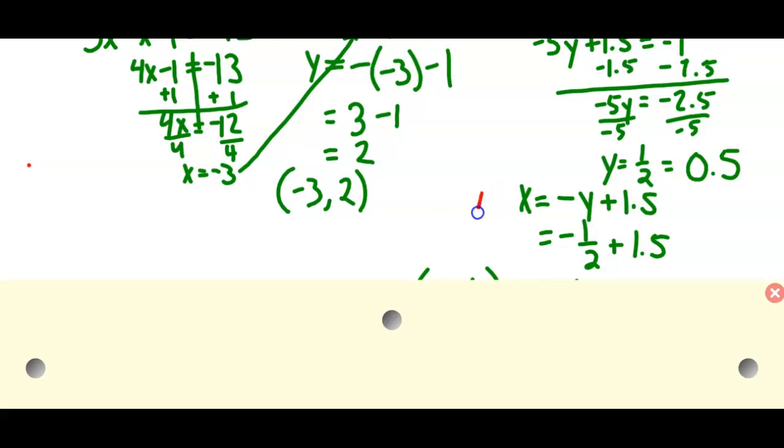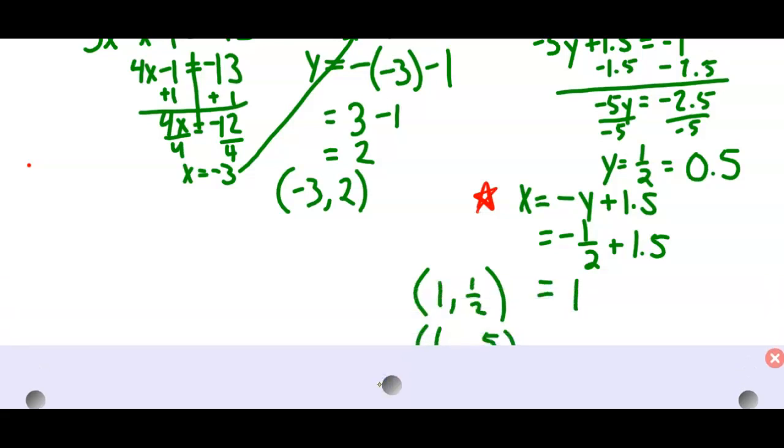And then I'm going to use my x equals equation, the one that I solved for. I'm going to put my 1/2 in, and 1/2 plus 1.5 is, hopefully you said 2. Oh, it's a -1/2. It's not 2 because that's a -1/2. I'm so sorry.